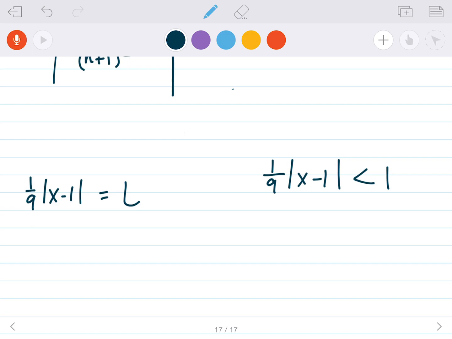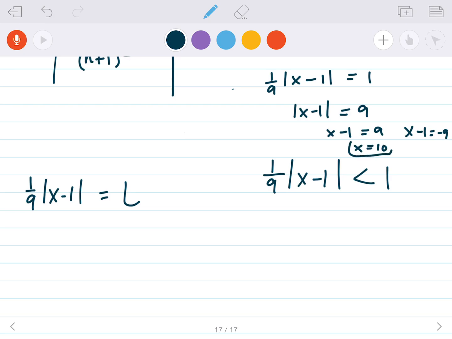Let me show you what I mean. If we have a ninth of absolute value x minus 1 equals 1, solving this, we get the absolute value of x minus 1 equals 9. So x minus 1 equals 9, and x minus 1 equals negative 9. And therefore, it's inconclusive when x equals 10 and when x equals negative 8.